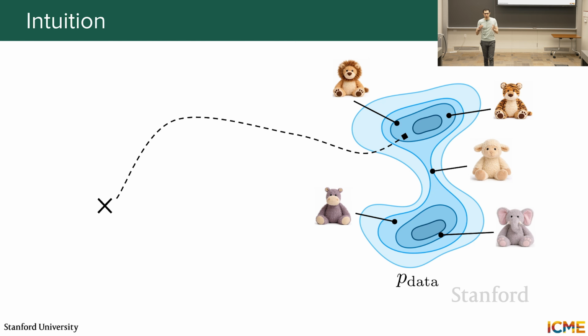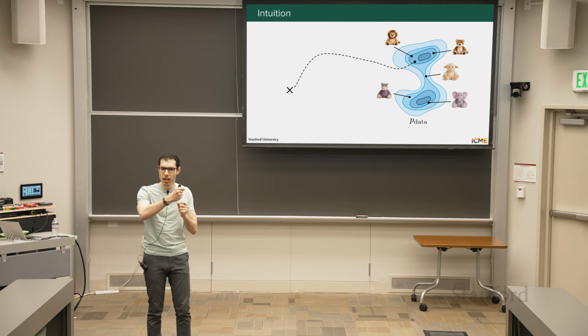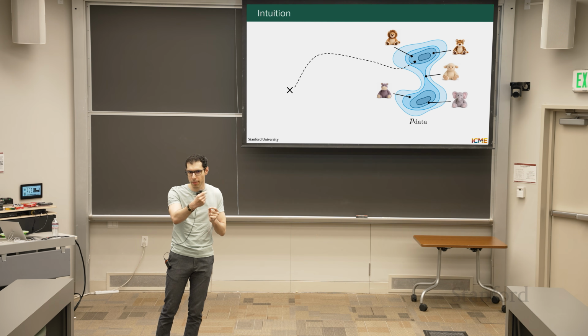Now, a very common strategy that we will again reuse here is to sample from an easy distribution and then to recover the image that we want to sample towards the end.